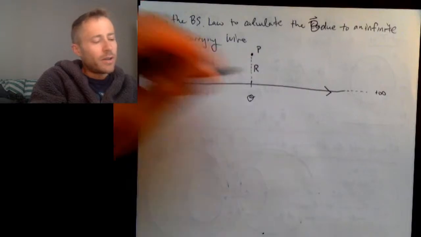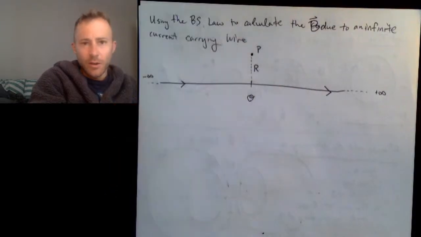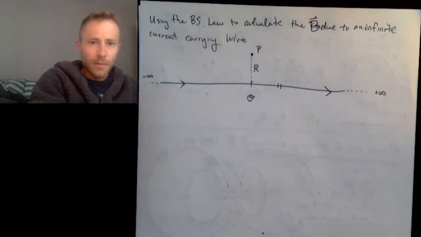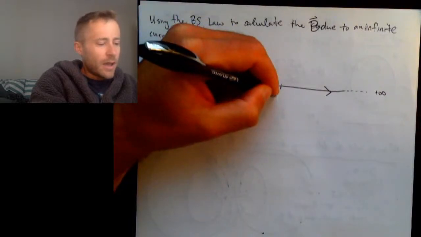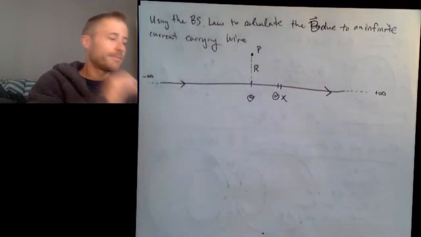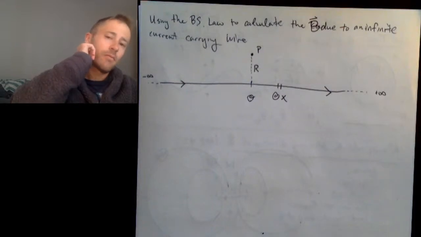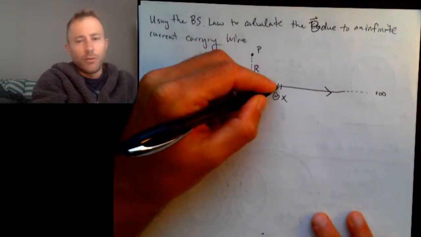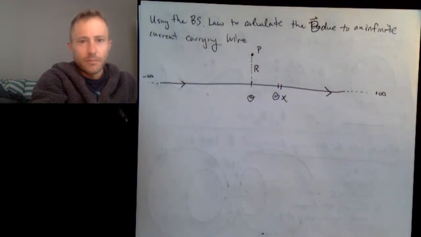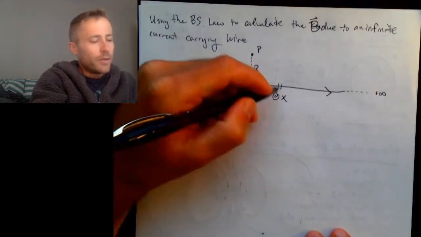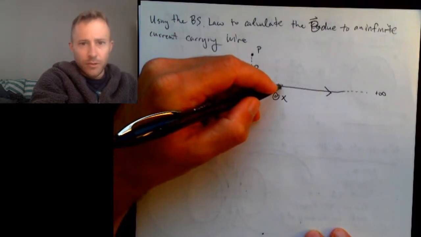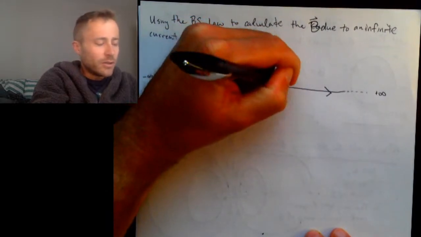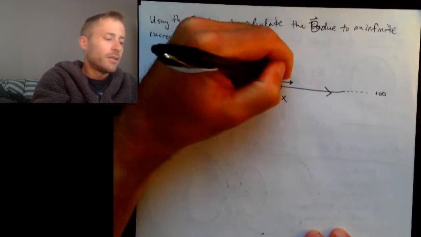So let's go ahead and single out a little piece of this wire, at coordinate x. So if we look at this, the dl vector is going to be tangent to the wire, so the dl vector is pointing in that direction.